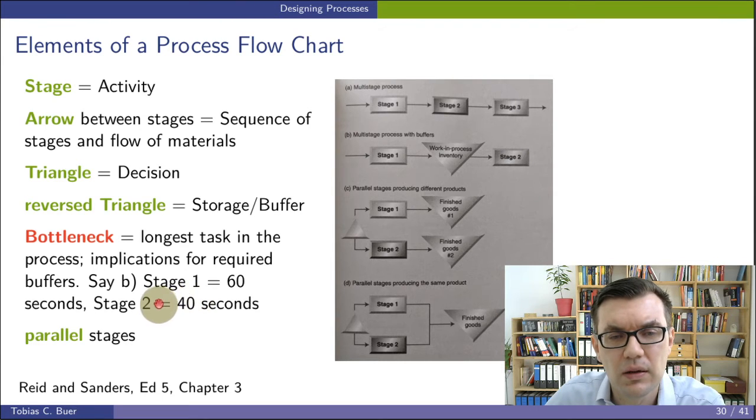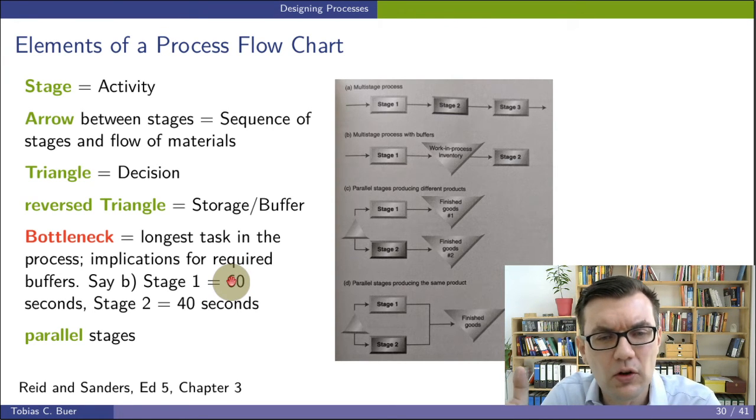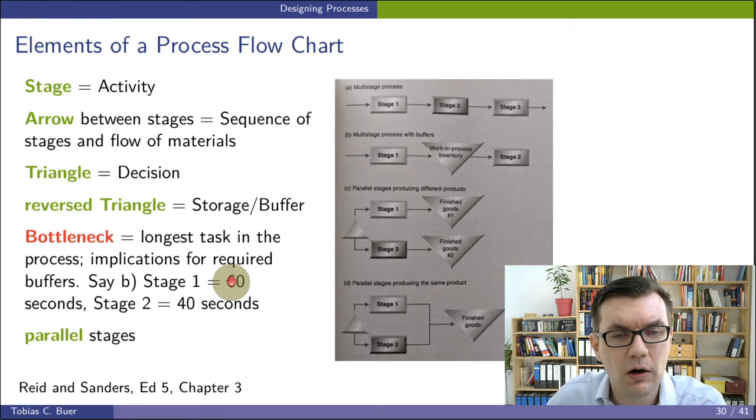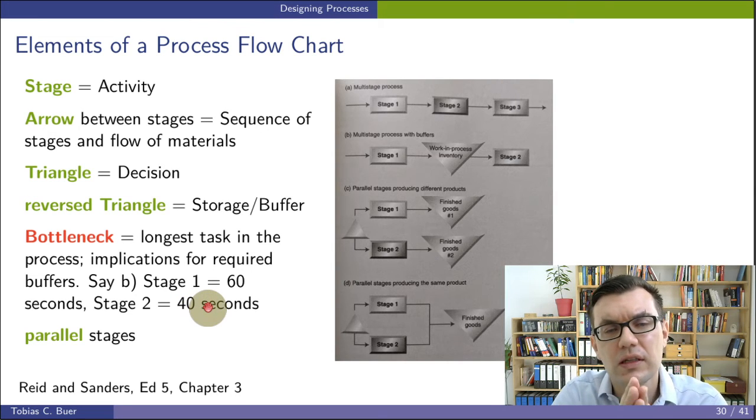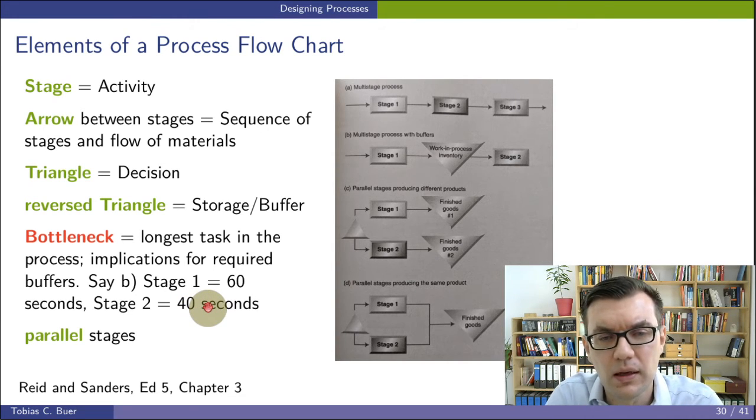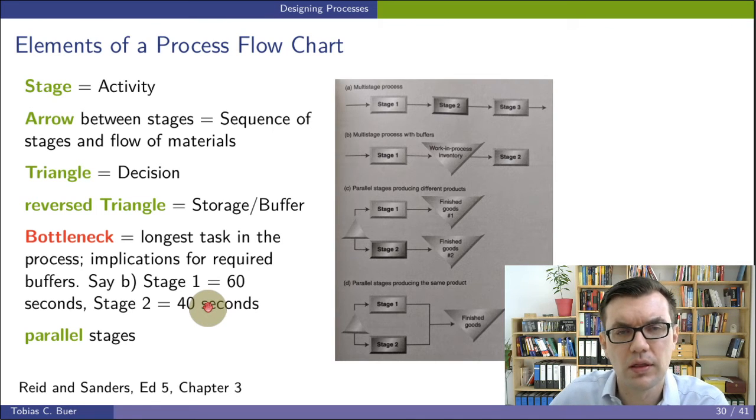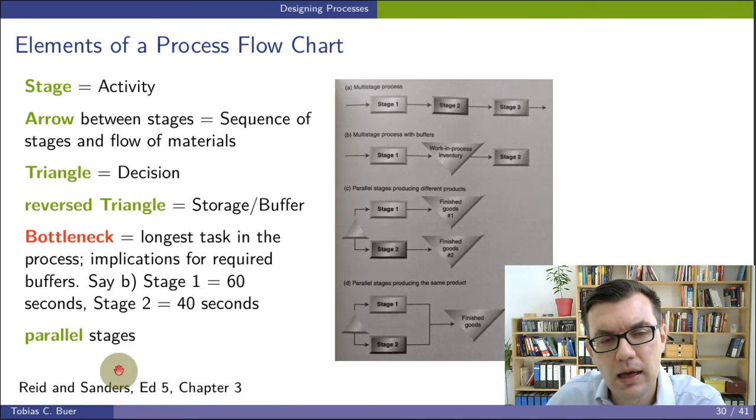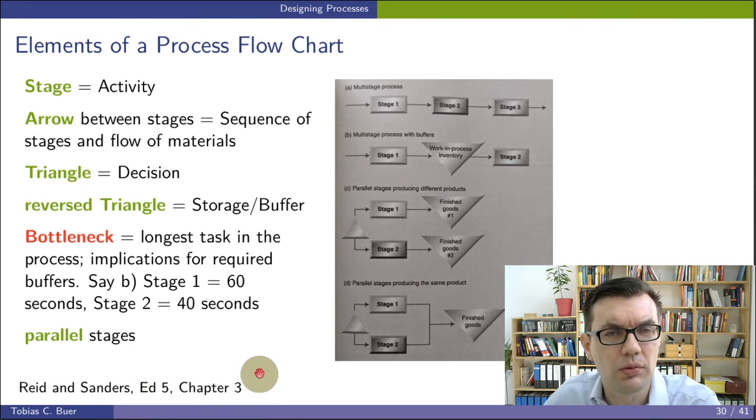Then this means if something goes wrong in stage number 1 and we need longer, the total process will take longer in any case. However, in stage 2, if we have some delay, if the delay is less than 20 seconds, then the overall time of the process will not extend because stage 2 is not the bottleneck. Again, you can read more of the details in the textbook of Reid and Sanders in chapter number 3.